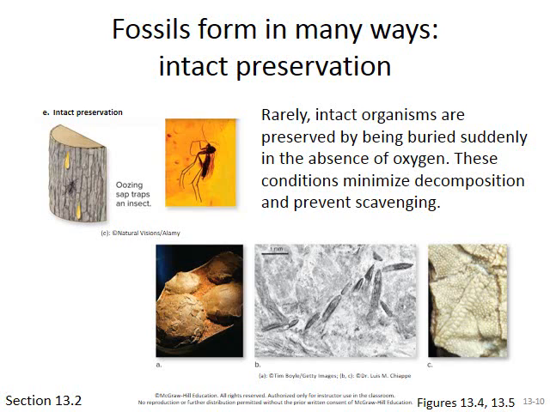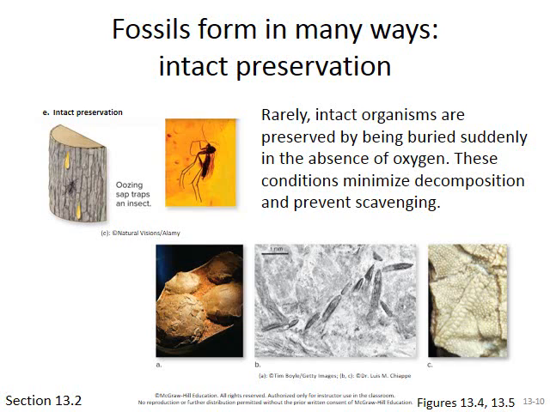Fossils can also form through intact preservation. So this is a more rare type of fossil, but it does exist. Organisms are preserved very suddenly in an area without oxygen, absent of oxygen. One case where this can happen is if the sap of a pine tree will drip and encase an insect.